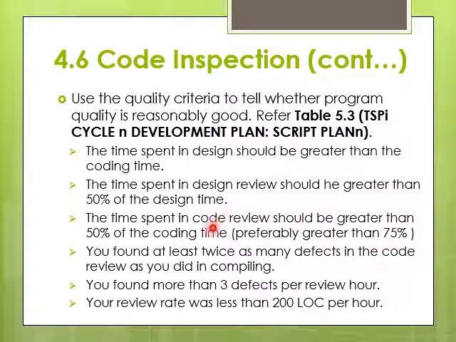The time spent in code review should be greater than 50%, or at least 75%, and you found at least twice as many defects in code review as in compile. You found more than 3 defects per review hour, and the review rate was less than 200 lines of code per hour. These are all the criteria to consider a very good quality program.